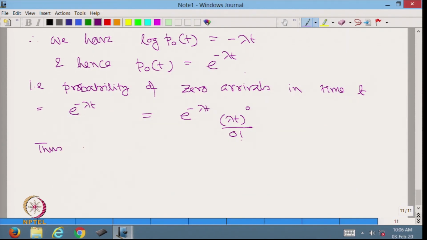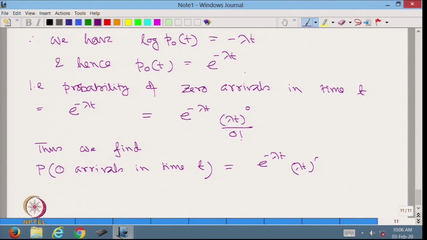Thus, we find the probability of 0 arrivals in time t is equal to e to the power minus lambda t times lambda t to the power 0 upon factorial 0.